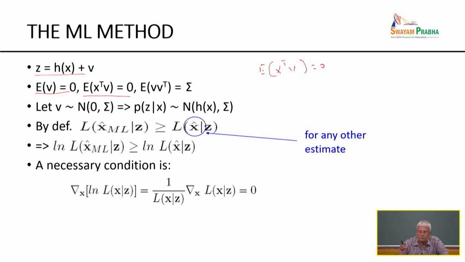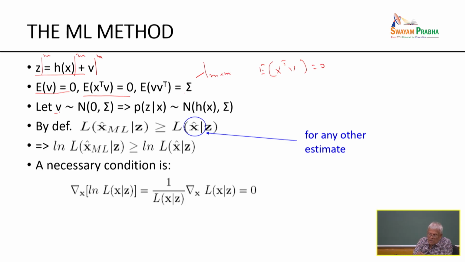And I am going to assume the noise covariance that I have called R until now, now I am simply using sigma. Sigma is a matrix, R is a matrix. So z is an m vector, h of x is an m vector, v is an m vector. So sigma is an m by m matrix.